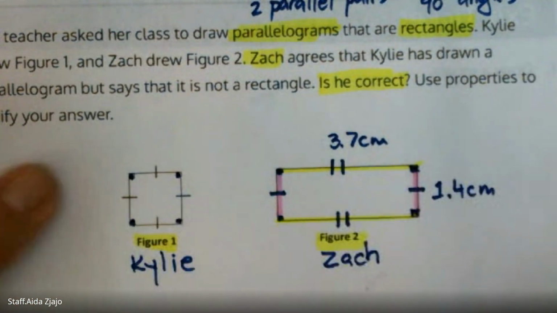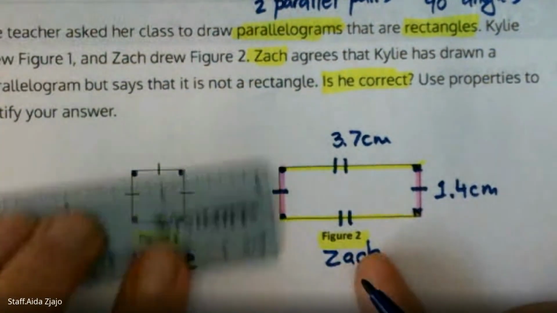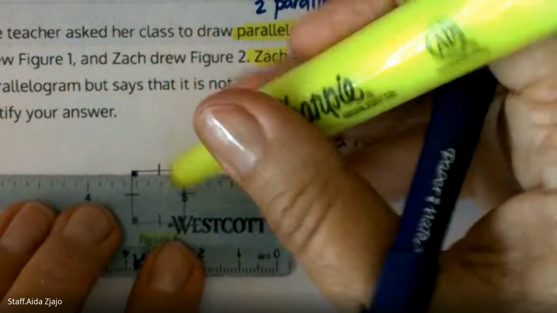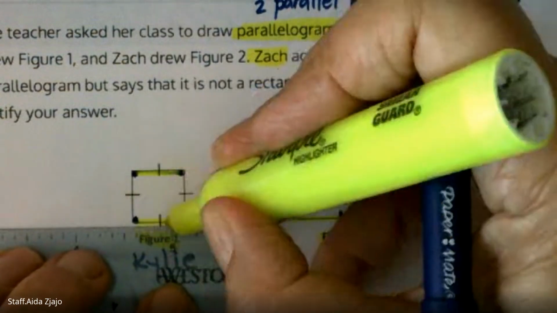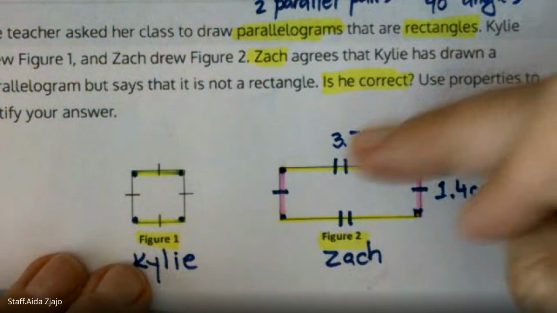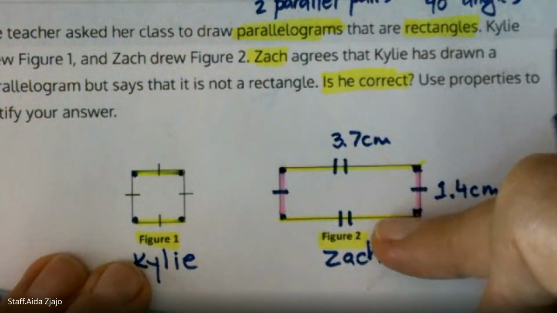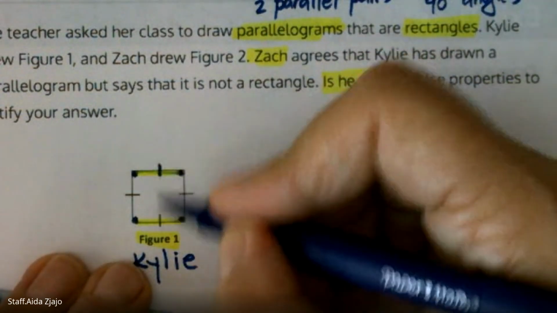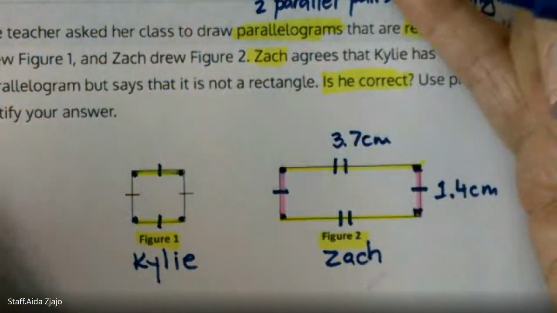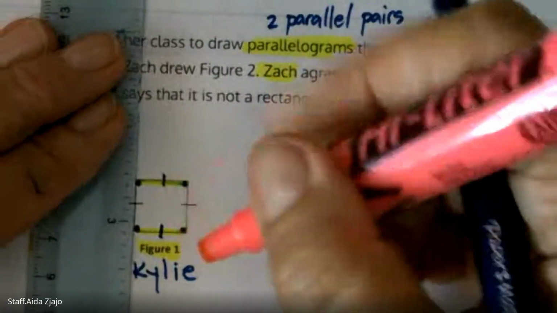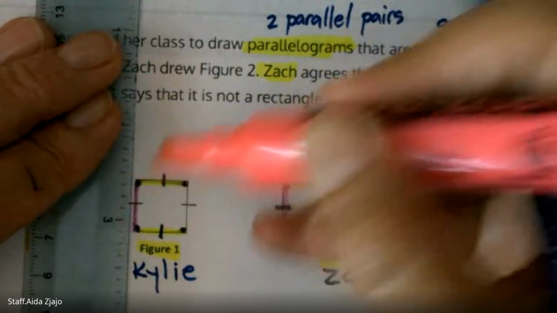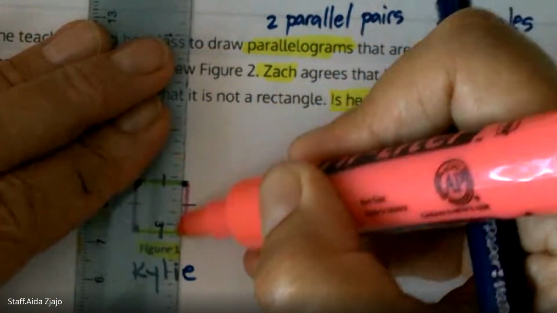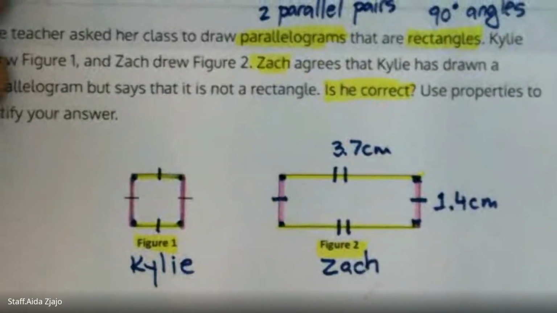To be a rectangle, you have to have opposite sides the same. So this side is opposite to this one, and they are the same, like this one and that one. If I go opposite also, this side is opposite to this, and it's also congruent.